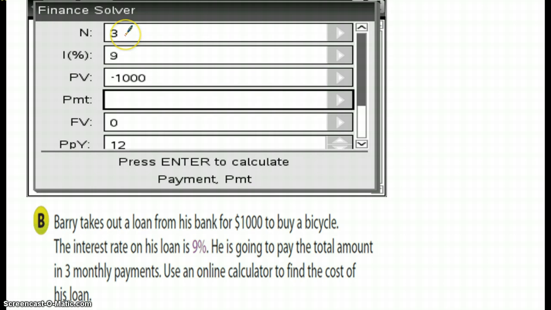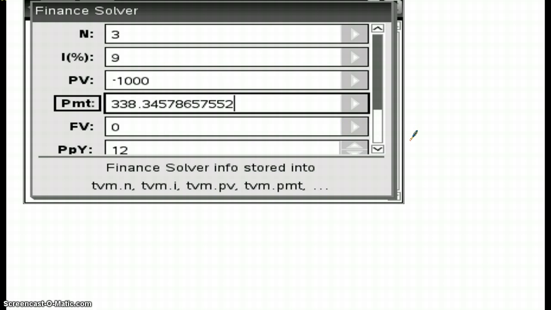So again, your N is going to be 3, interest is 9, $1,000 for the present value. We're not going to put anything in payment. 0 for future value, and payments is 12. Then we're going to come back and hit enter to calculate the payments, and we'll see he's paying $338.